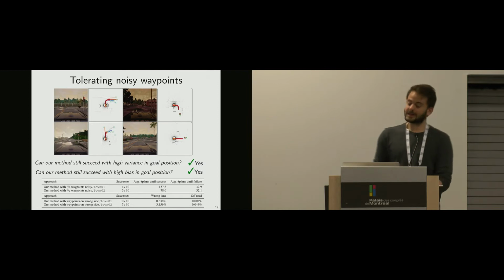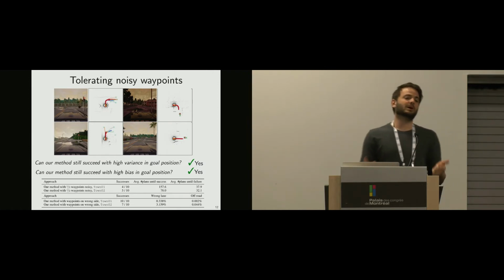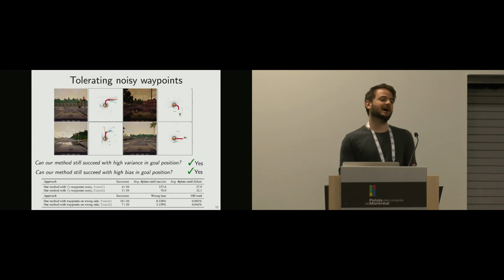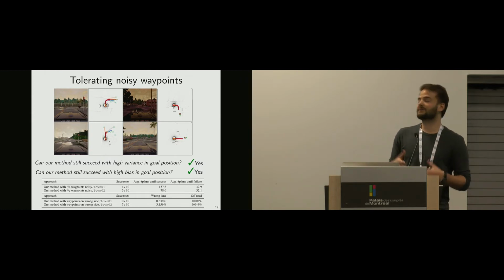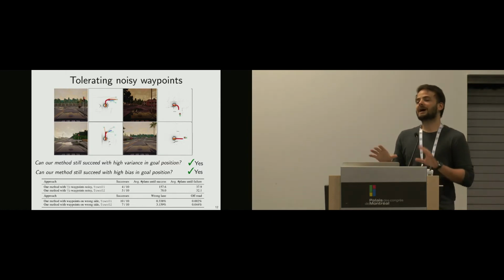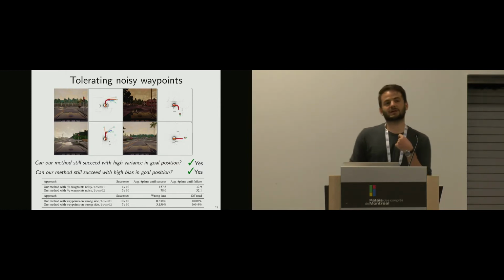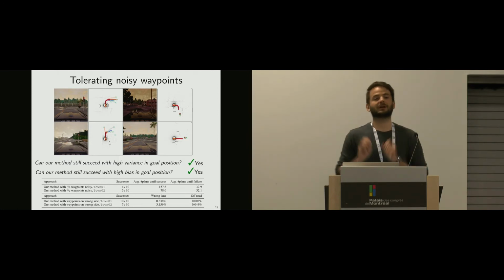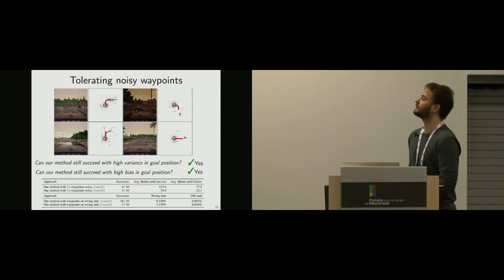Another experiment is, what if we had noisy waypoints? What if our localization is bad, or there's some bias or variance in our waypoints? This is requiring the model to tease apart what is a good or expert-like place to plan to.